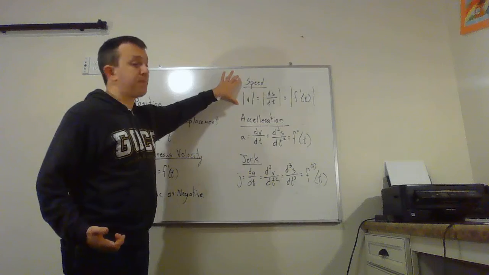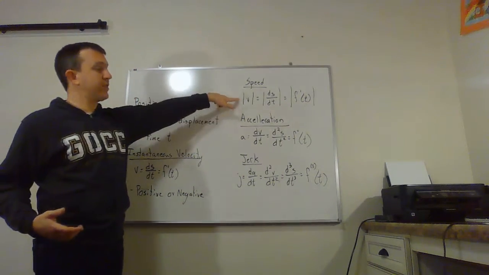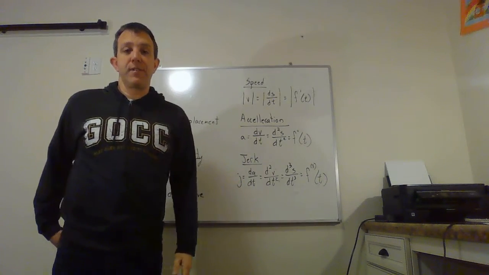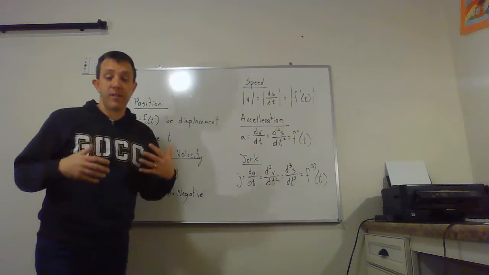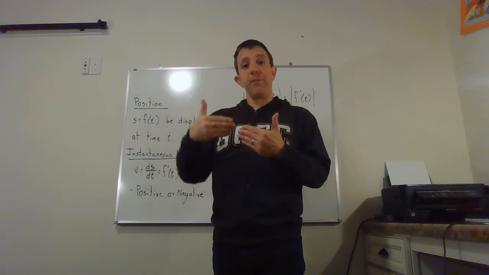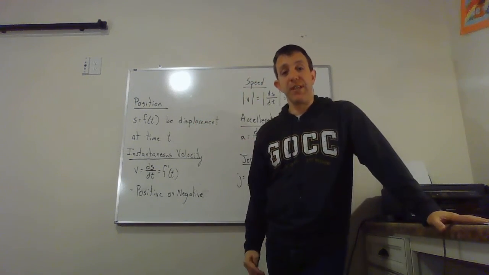We think of speeds as being positive, and so speed is really just the absolute value of the velocity. That way you're guaranteed that it's positive. So remember, velocity is basically speed with a direction. Are you moving away or are you coming towards? If you're moving away, it's positive. If you're coming towards something, it's negative.